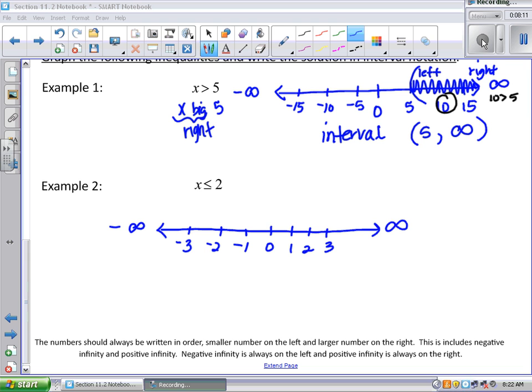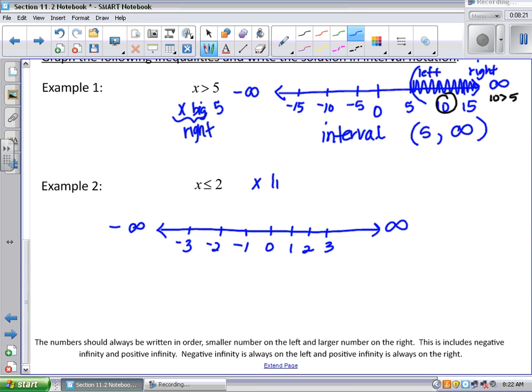Now we need to determine which way we are going to shade, to the right or to the left of 2. So when I look at my inequality, this says x is less than, or littler than, 2. If x is less than, I want x to be on the left. So at 2, I'm going to start shading to the left.